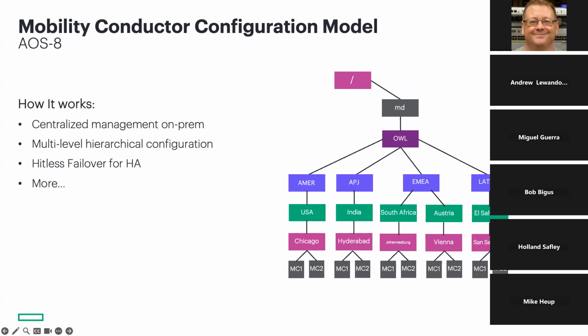It reflects how we built scalable, repeatable deployments across global enterprises. Each folder level could push down config: global SSIDs, regional NTP servers, site-specific VLANs. All of that could be inherited from levels above or applied at a specific level or a specific controller or at the site. This hierarchy gave us control and clarity, especially with features like profile reuse, automated firmware upgrades across multiple sites, etc. If you were part of the AOS 8 deployments, you know how powerful this model was and still is for on-prem deployments.